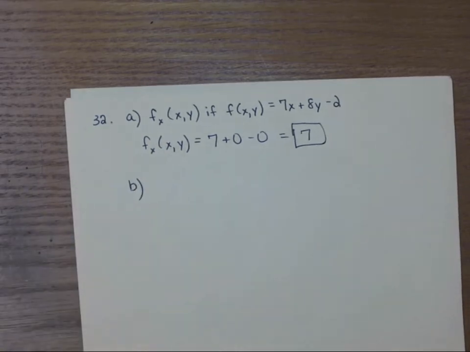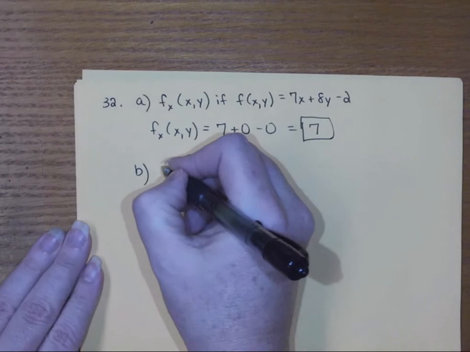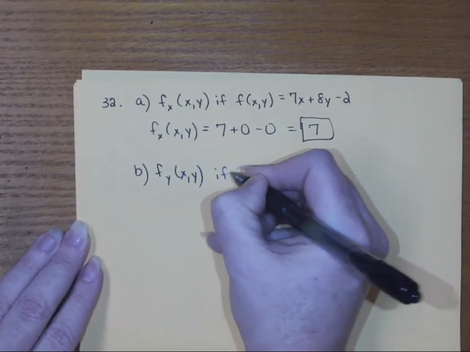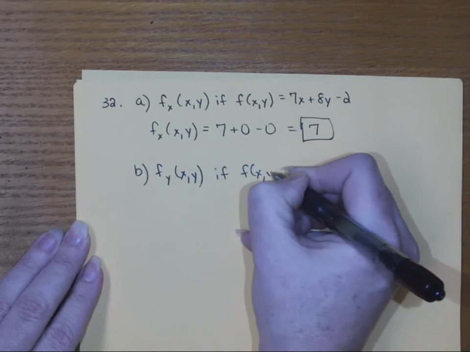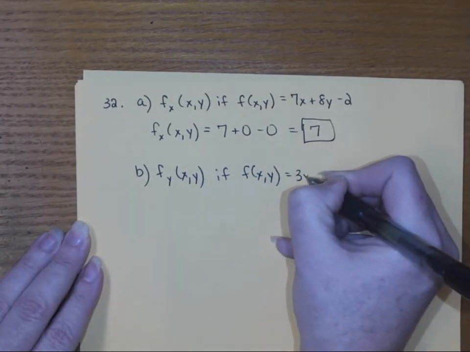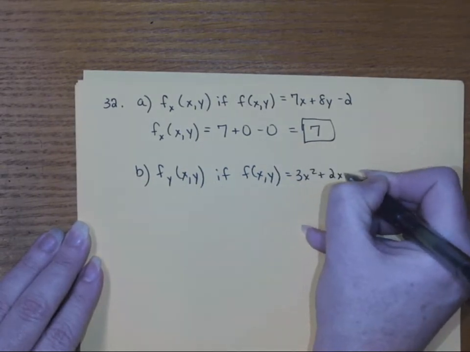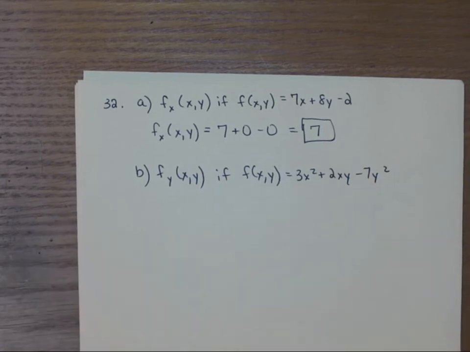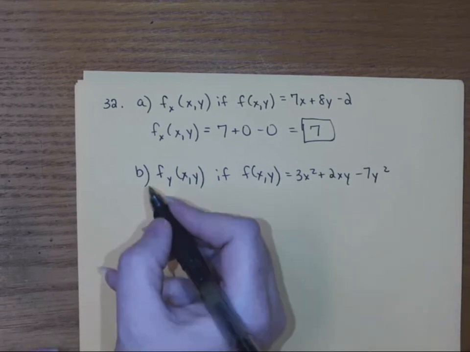Okay, part B, find the partial derivative with respect to y if the equation looks like 3x squared plus 2xy minus 7y squared. So we're going to treat y normally, treat x as a constant.